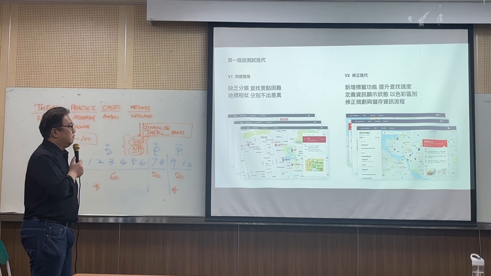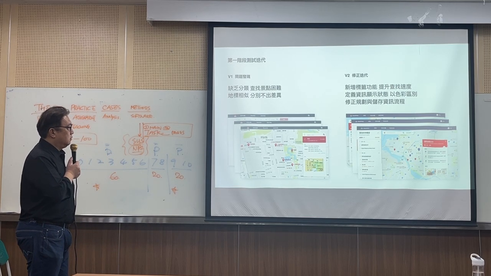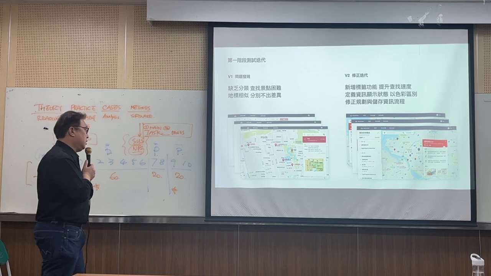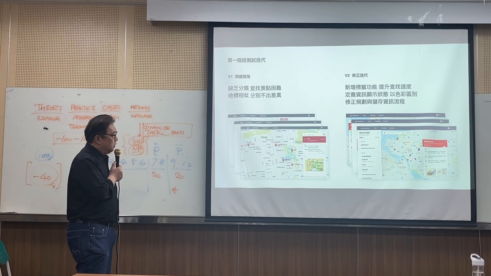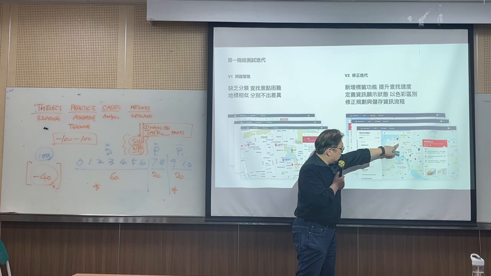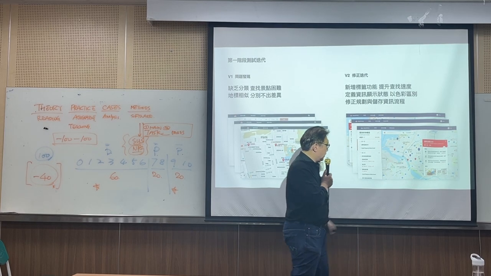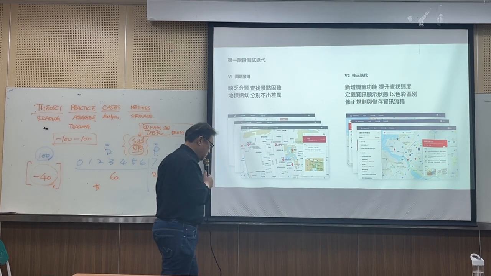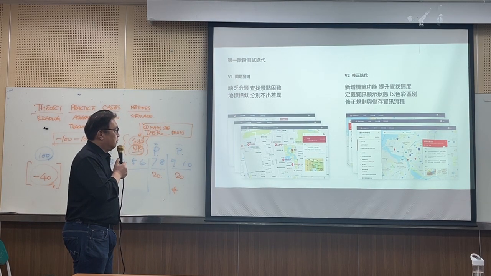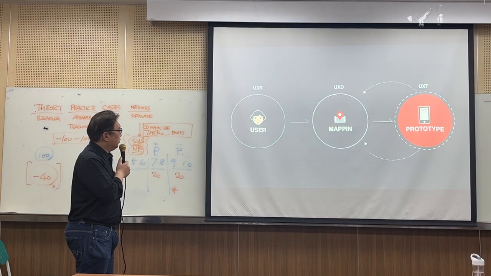So the second version tried to add different tagging systems, using color to define different types of information, like numbers that indicate the stage of your travel, and to modify the planning and store information. Okay, prototype.